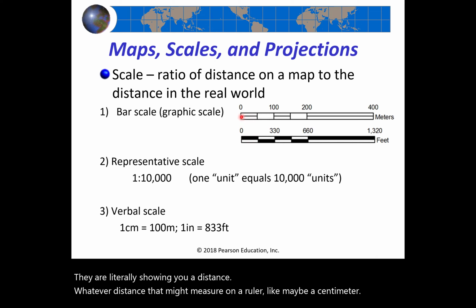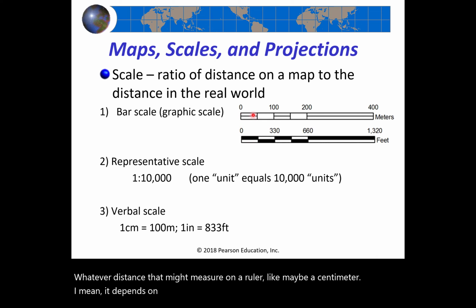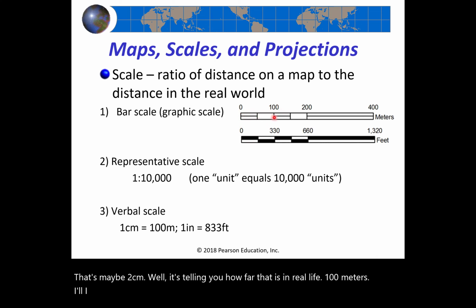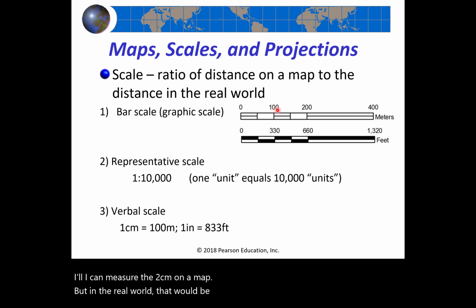It depends on what screen size you're looking at, but say that's a centimeter. That's maybe 2 centimeters. Well, it's telling you how far that is in real life, 100 meters. I can measure the 2 centimeters on a map, but in the real world, that would be 100 meters.